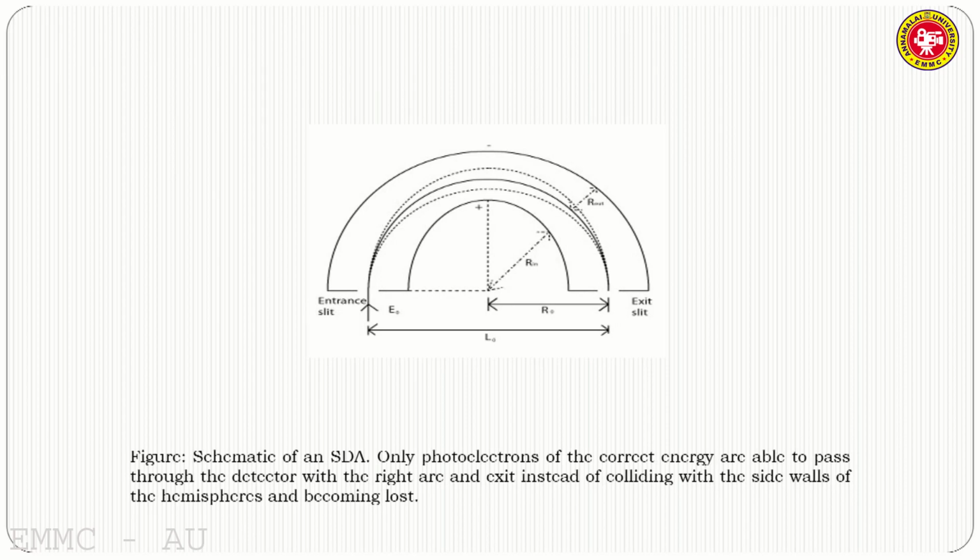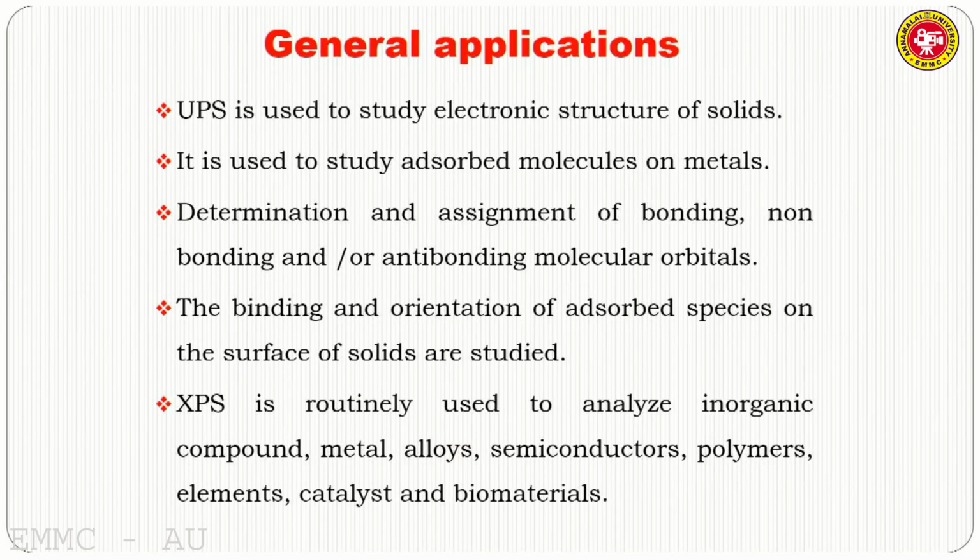The figure shows a common SDA. Here only photoelectrons of the correct energy are able to pass through to the detector with the right arc and exit, instead of colliding with the side walls of the hemisphere and becoming lost.